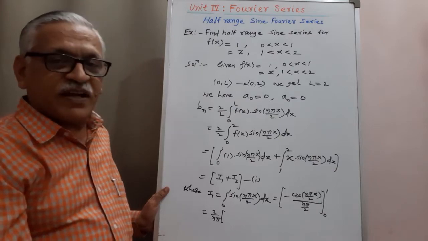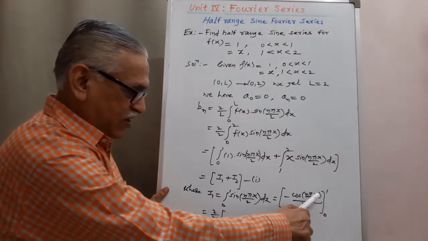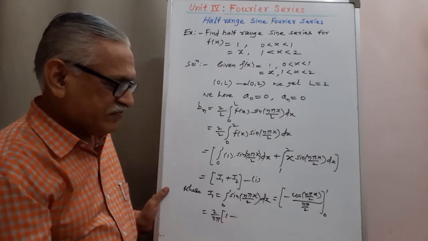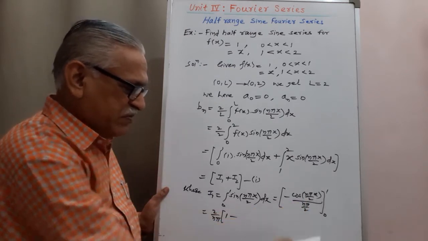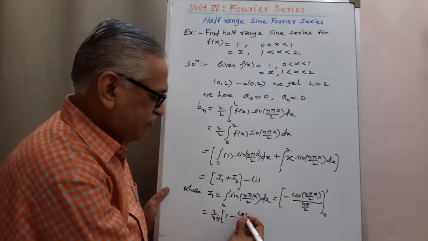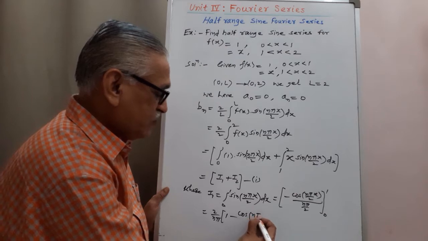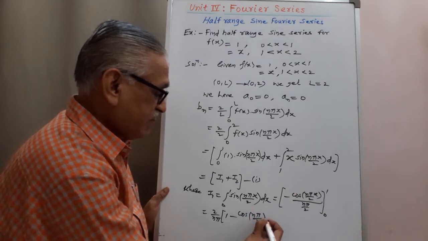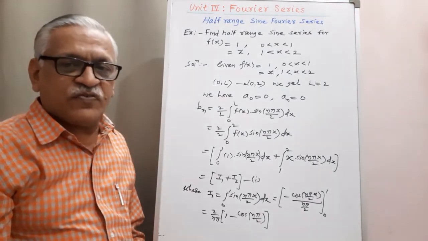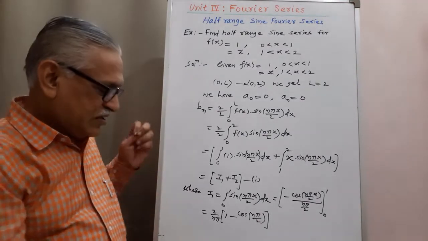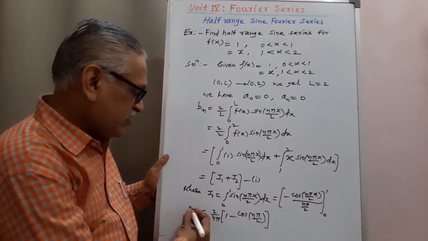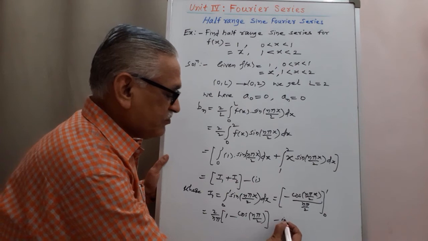I will cancel its minus sign by changing the limits. For the upper limit it becomes x equals 0, cos 0 is 1, minus, for the lower limit when we put x as 1, that term becomes cos of n pi by 2. As we don't have any standard value for cos of n pi by 2, we keep that term as it is, and we call this equation number 2.